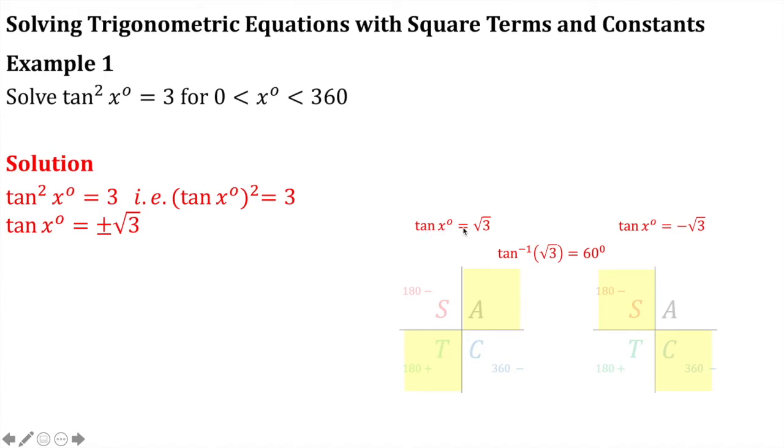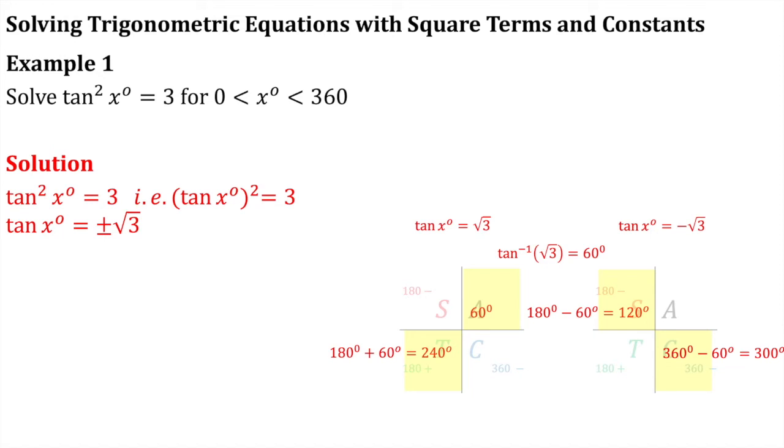So for tan x equals positive root 3, the answer in our first quadrant is 60 degrees, and in our third quadrant is 240 degrees. For tan x equals negative root 3, the answer in the second quadrant is 120 degrees, and in the fourth quadrant is 300 degrees.